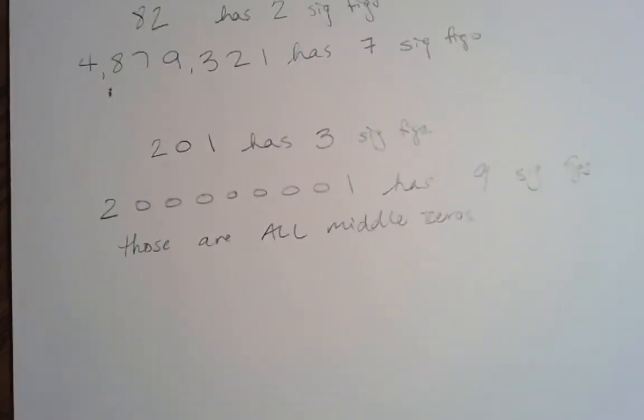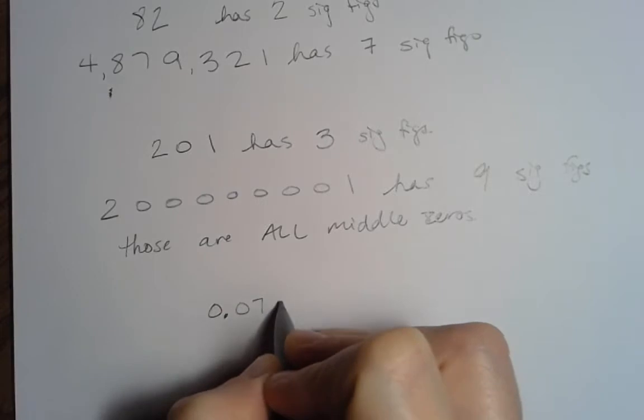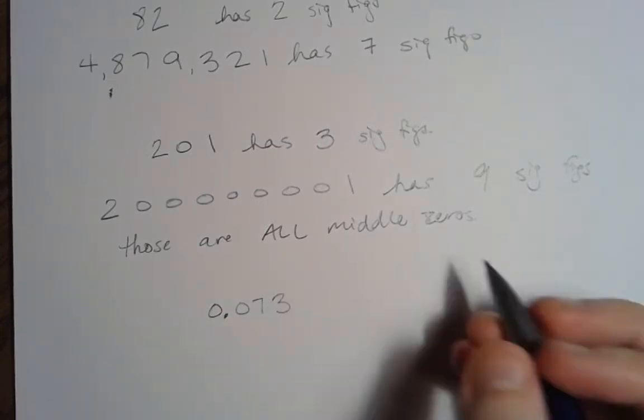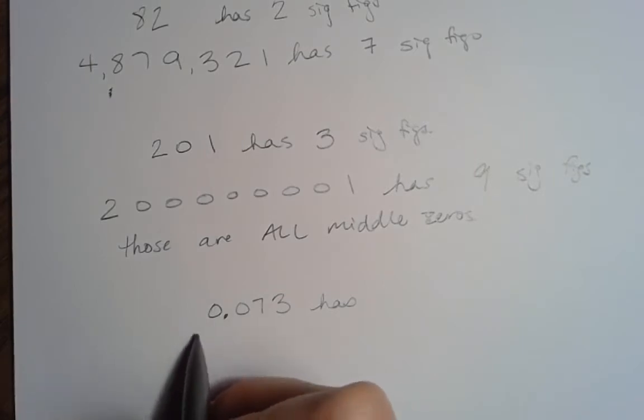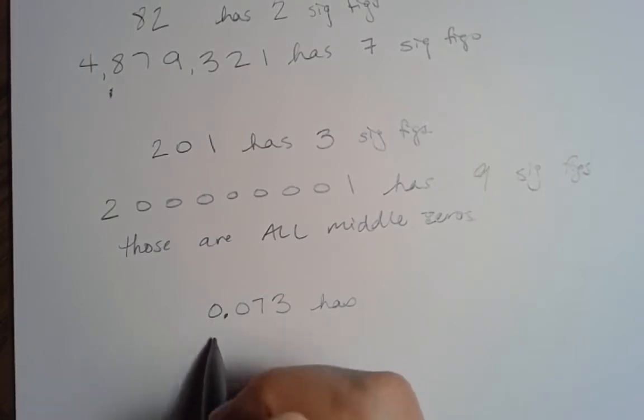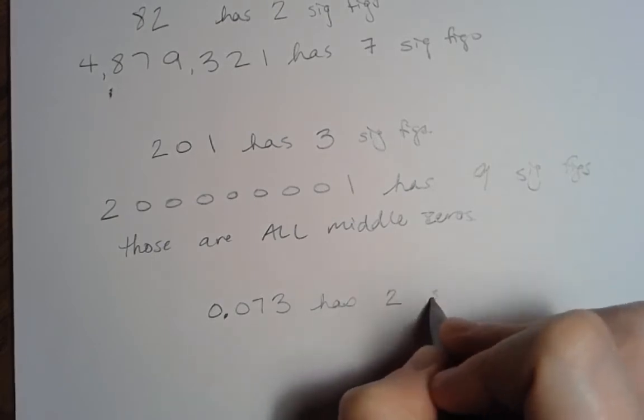Okay, let's do some examples with beginning zeros. 0.073 has, these are both beginning zeros. Beginning zeros are never significant. The 7 is significant, the 3 is significant, it has 2 sig figs.